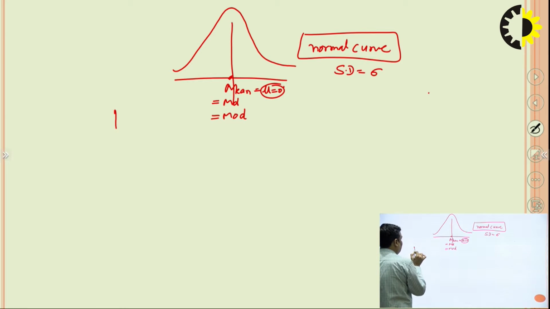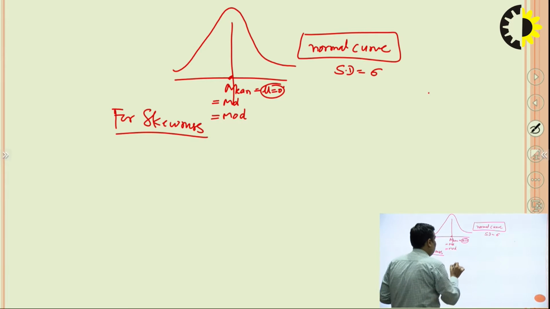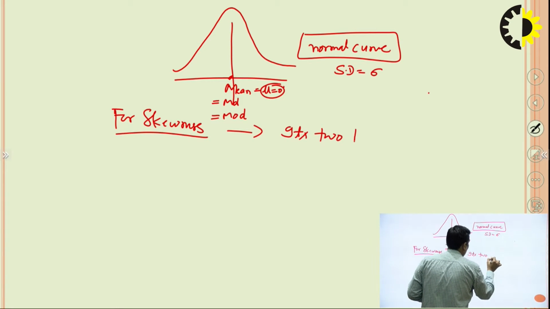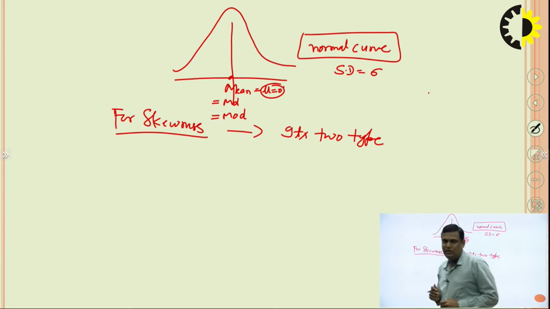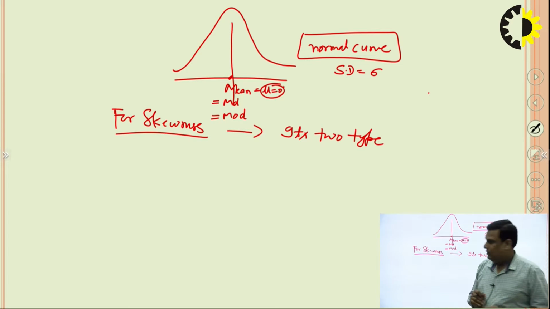For skewness, it has two types. Skewness means lack of symmetry, either towards x or towards y.